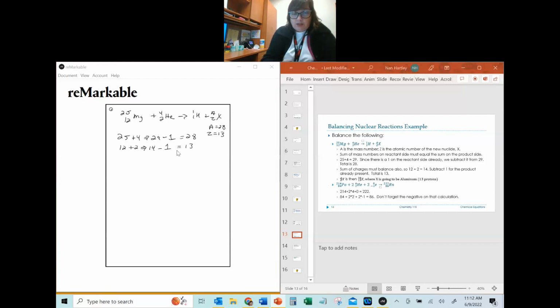Taking the sum on the reactant side, subtracting out what I already have on my product side, that gives me 13. So now I look at my periodic table and I go, okay, who's 13? 13 is aluminum. So X equals Al, and my answer would be written as Al 28 13.